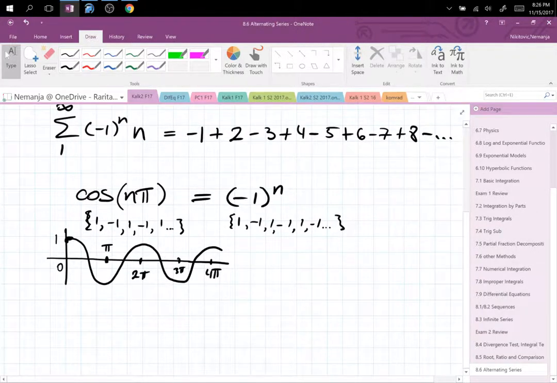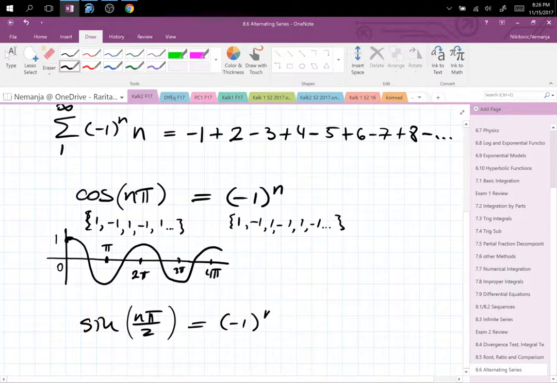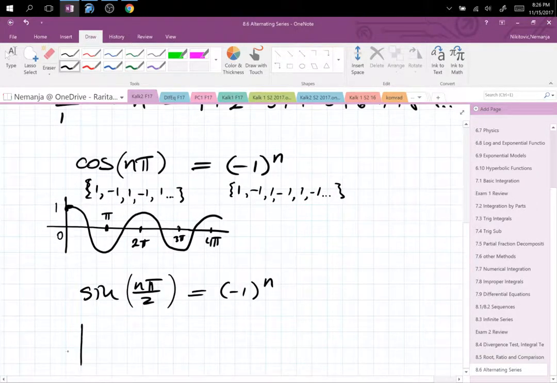And obviously there is one for sine. Sine of n pi over 2 does the same thing. Is this one shifted? The first one is positive when n is equal to 0.